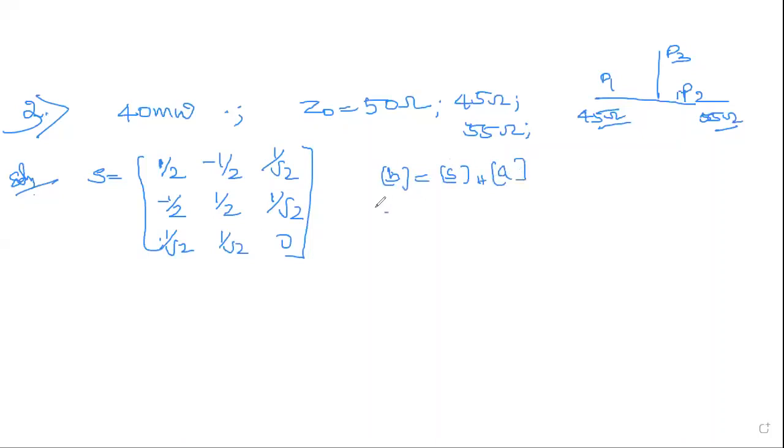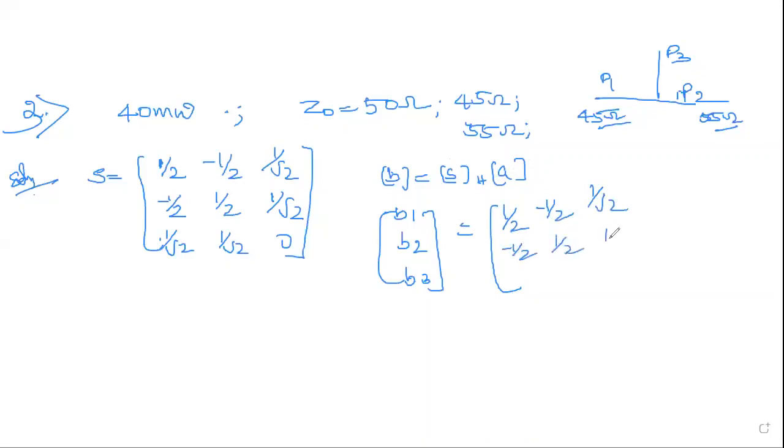So you have to now find out what is actually the power going into ports P1 and P2. To find that, you have to write the equations in terms of B1, B2 and B3. If I write in terms of matrix, you will have the S matrix, 1 by 2, minus 1 by 2, 1 by root 2, minus 1 by 2, 1 by 2, 1 by root 2, 1 by root 2, 1 by root 2, 0, and you have the inputs.